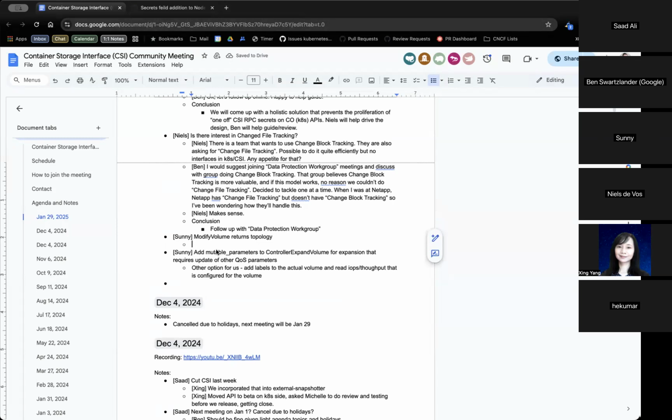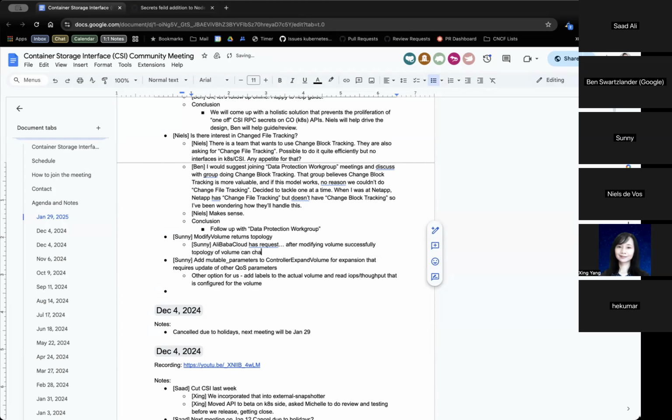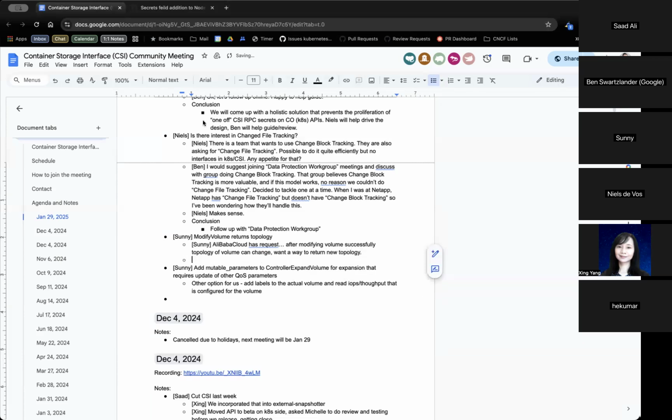Yeah, so I think Alibaba Cloud has a request that after they modify a volume successfully, the topology of the volume will change. So they want a way that the modified volume can return a new topology. Yeah, and Sada, you probably know more about topology than anyone because you were involved with that feature.